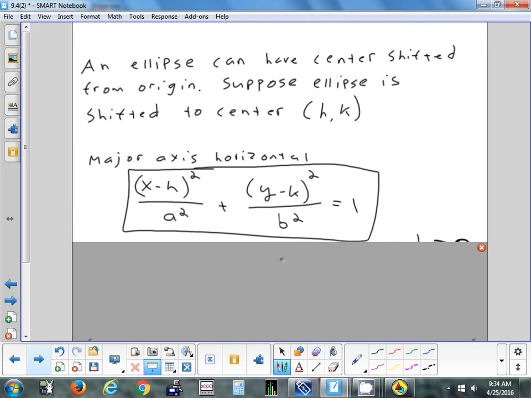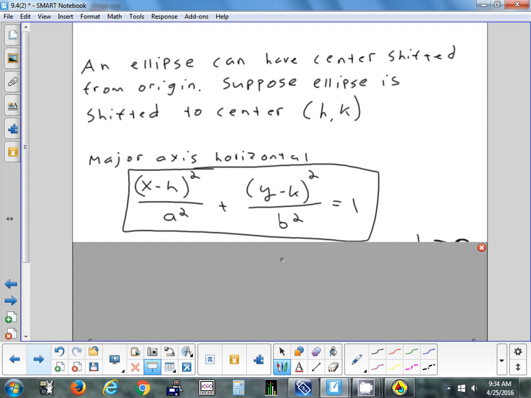Right, so when our major axis is horizontal, okay, always put the A under x squared, that makes it horizontal. Put the B under y squared, it's still equal to 1. The only difference is now in the numerator, you have x minus h instead of just x. Okay? And in the other numerator, you have y minus k instead of just y.